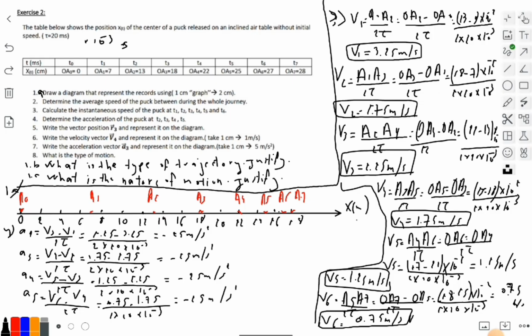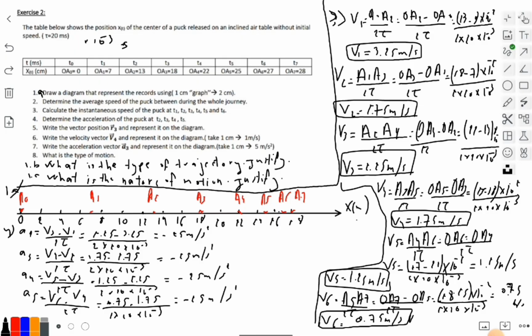square. From part 3, we observe that the velocity decreases with time. V1 equals 3.25 meter per second, while V2 equals 2.75 meter per second, it's decreased, while V6 equals 0.75 meter per second. So the velocity decreases with time. And in part 4, we obtain A2, A3, A4, and A5.